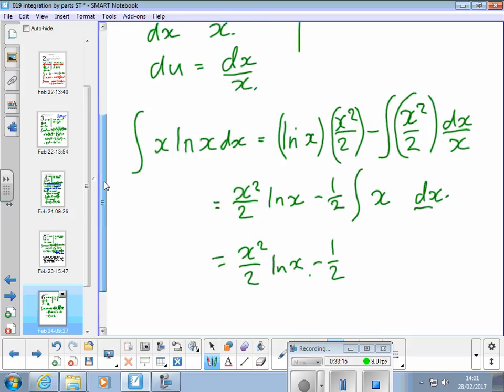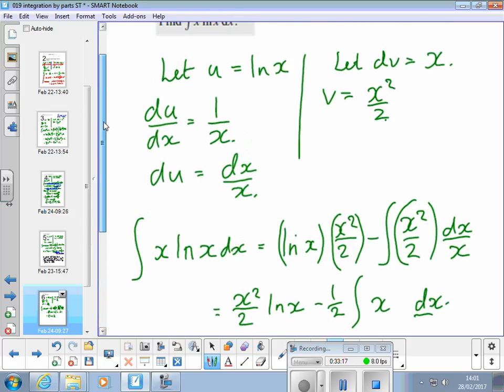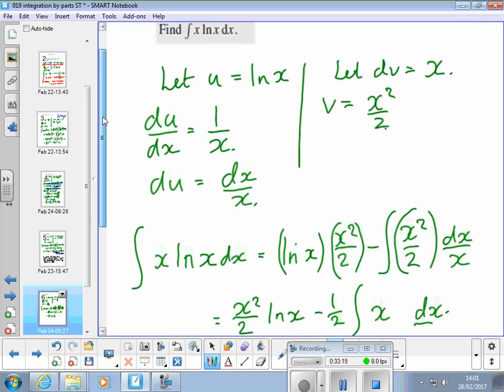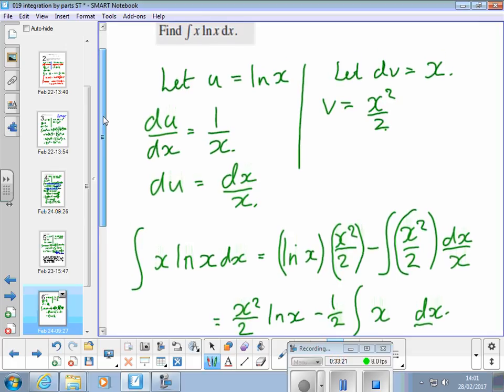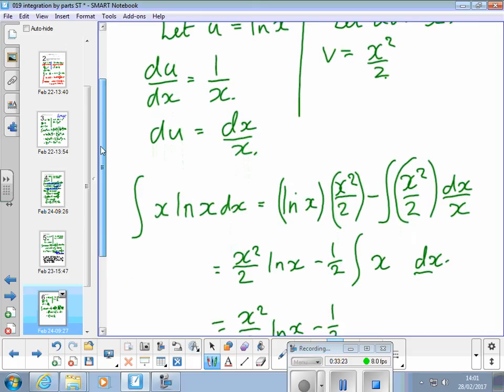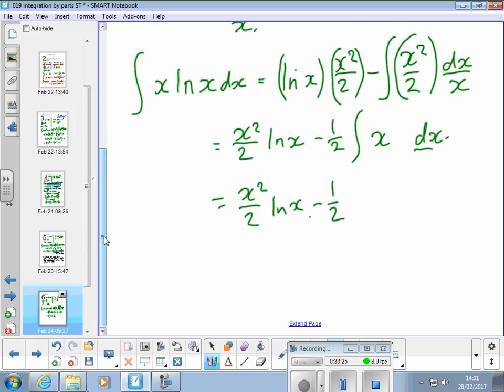We did do it, because we got x squared over 2 when we had it the other way round, when we said let u equal x. Is it not x squared over 2? Yeah.